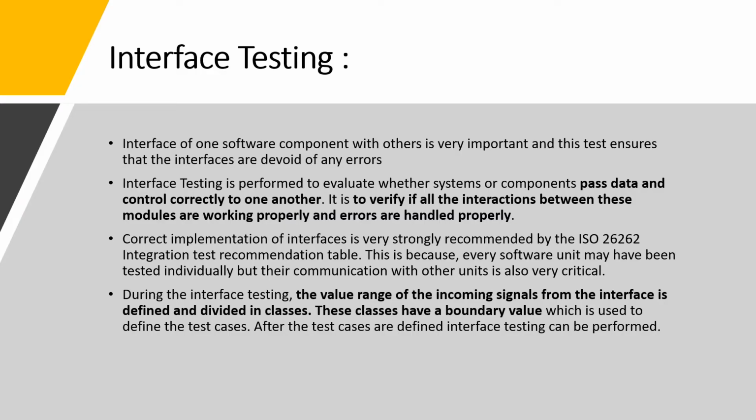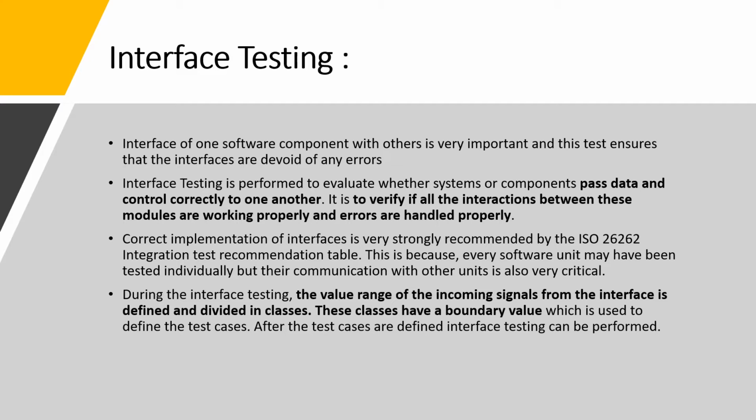Interface testing is the second method of integration testing. The interface of one software component with others is very important, and this test ensures that the interfaces are devoid of any errors. An interface is a communication set up between two or more software components.